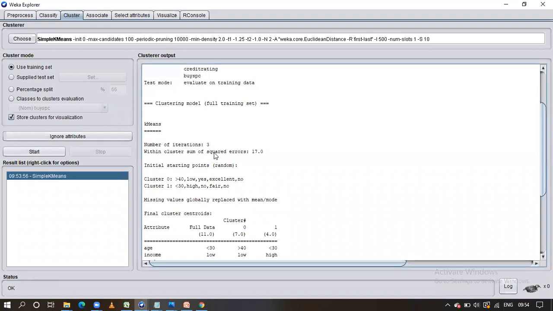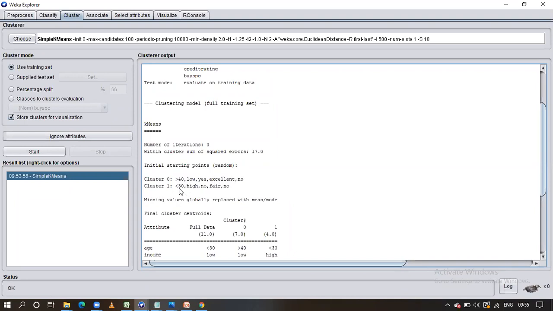Here in cluster 0, what are the values? Greater than 40 for age, low for income, student yes, fair for credit card rating, and not buying a computer. This is the cluster 0 information.